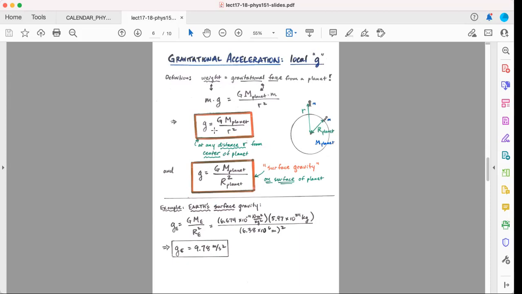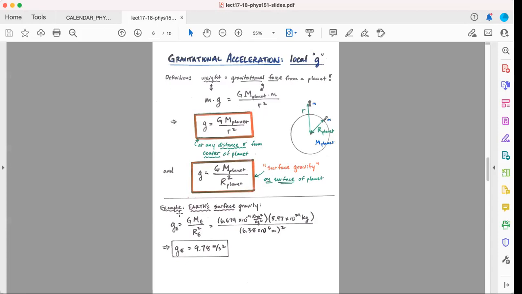Putting these two together, we find g is equal to capital G, mass of the planet, divided by R squared, where R is the distance from the center of the planet.